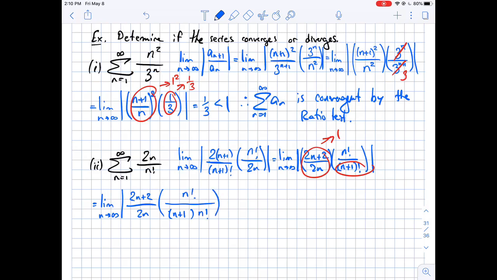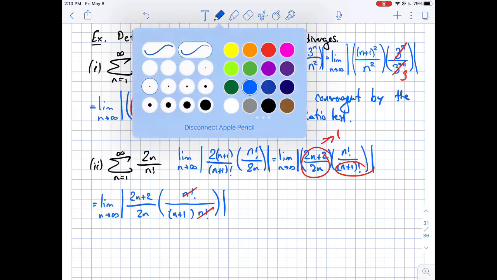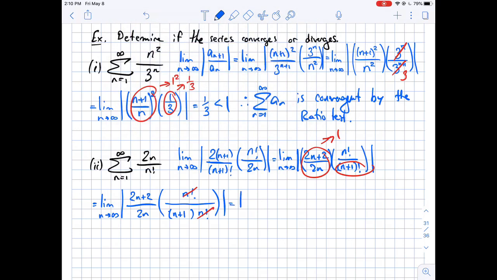I leave the n factorial alone in the numerator, and this works very nicely because now I can just cancel out these n factorials. That's always the way that we deal with those limits, and that means that this entire thing is going to be the limit as n goes to infinity, absolute value of 2n plus 2 divided by 2n times n plus 1.